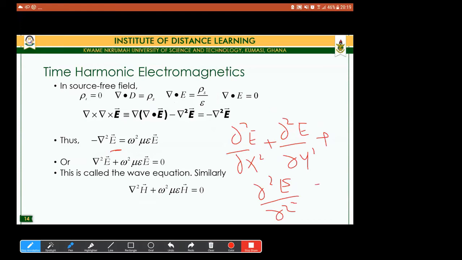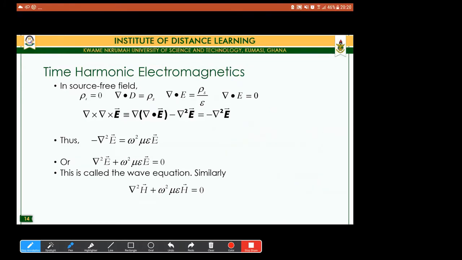So this will all be equal to omega squared mu epsilon times E. Since this is negative, you can take this one across and rewrite it as del squared E plus omega squared mu epsilon E equals 0.